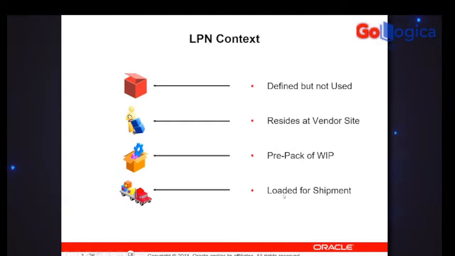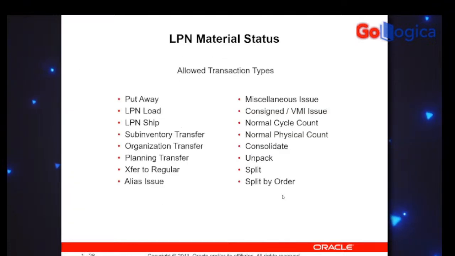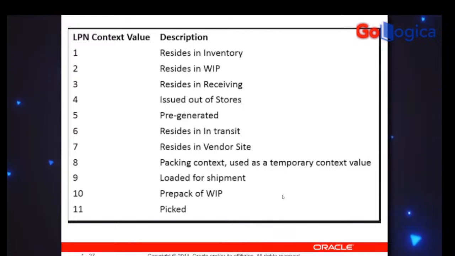There are some that are loaded against a sales order, so loaded for shipment. This is a screenshot of the LPN context values. Whenever you query an LPN number in SQL, using your WMS license plate table, you will find an LPN context value against it.